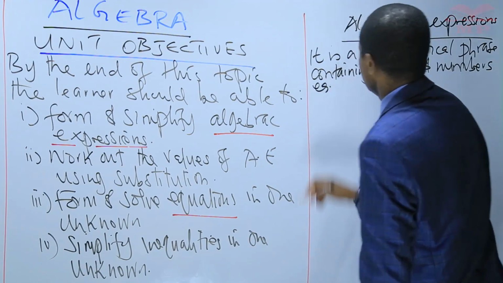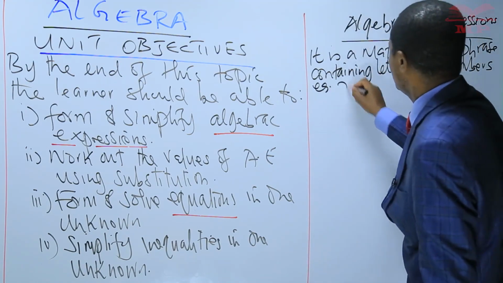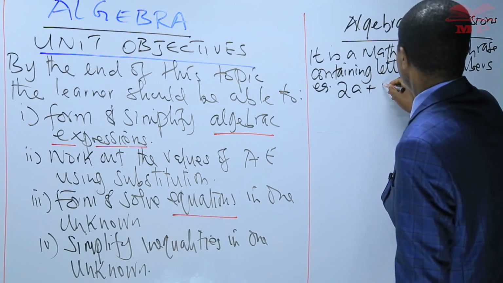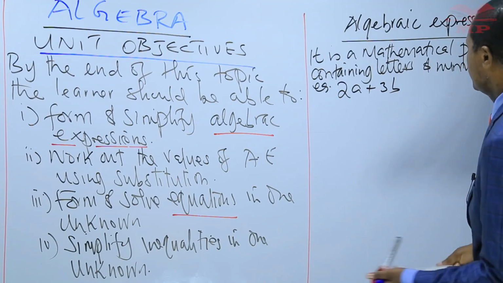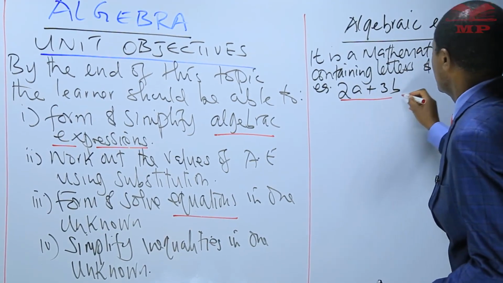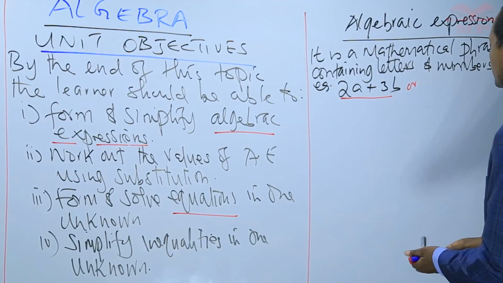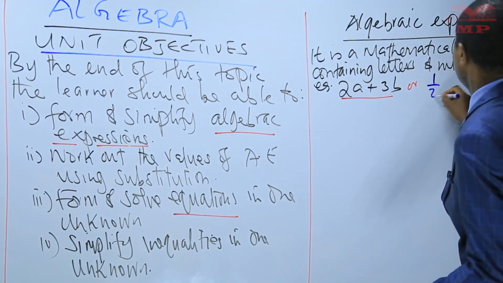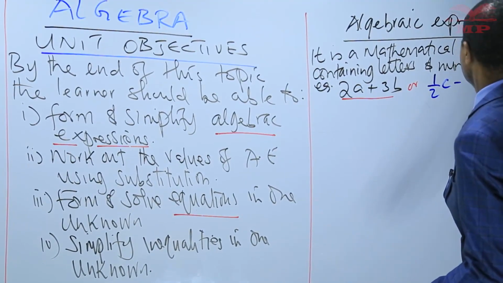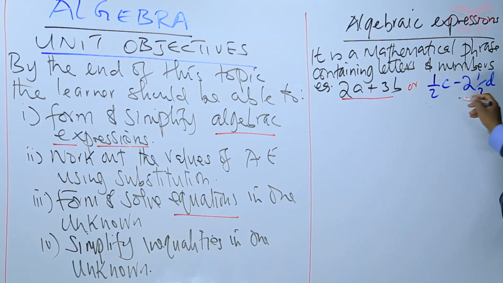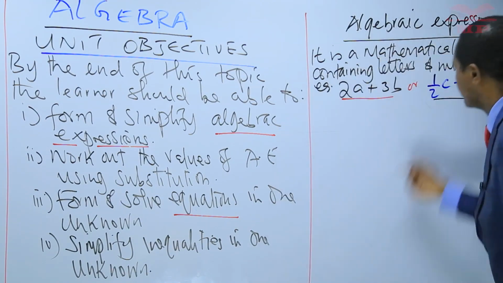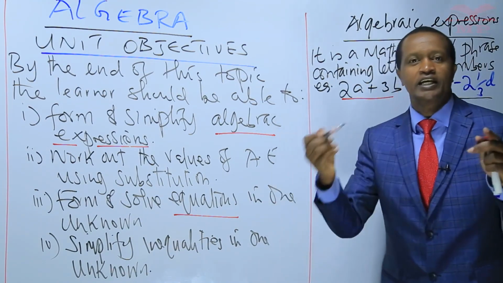E.g., a phrase like 2a plus 3b. This is an algebraic expression. Or say a half c minus 2 and a third d. These are algebraic expressions.